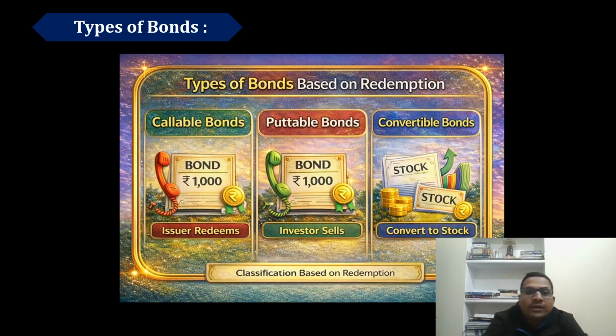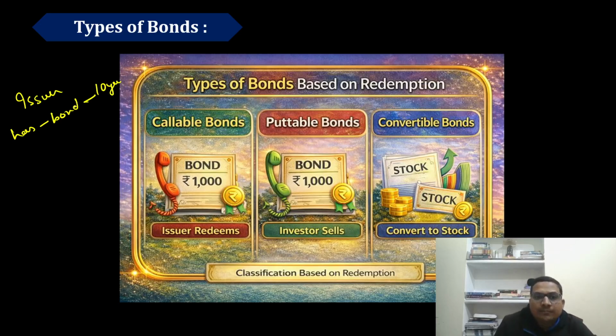So what is a callable bond? It is a bond in which the issuer has a right. Suppose the issuer has issued a bond for 10 years, but now wants to buy that bond back before the maturity period, let's say at the end of 8 years.